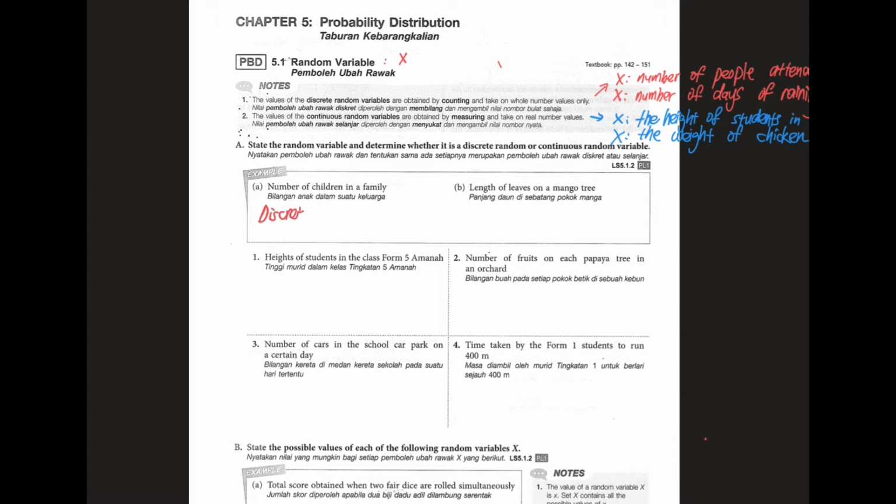Then B, length of leaf on a mango tree. So you want to find out the length, you need to take ruler or measuring tape to measure. So it's measuring, so it's continuous random variable. Okay, I write in short. Okay, now let's move on.